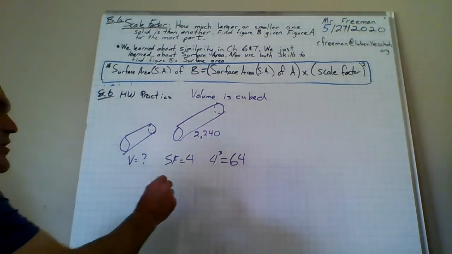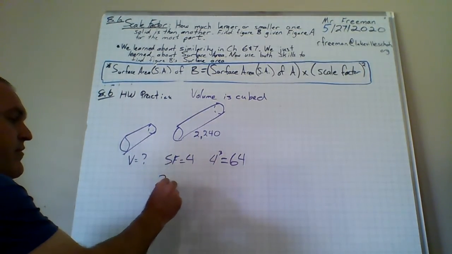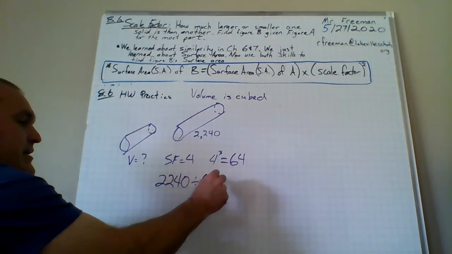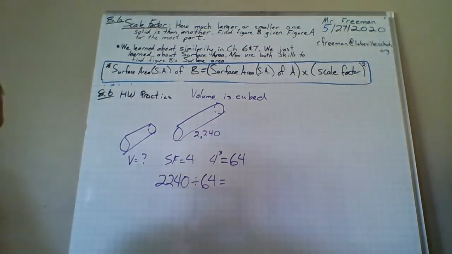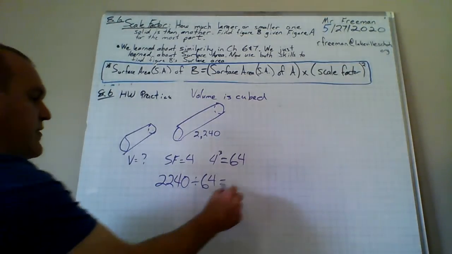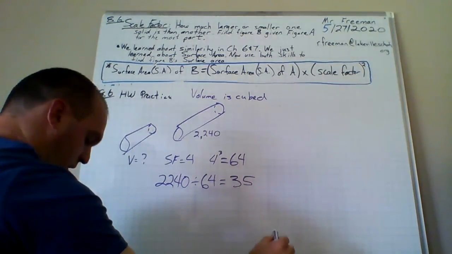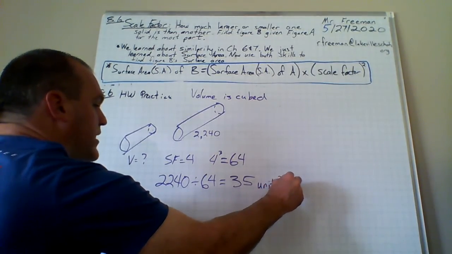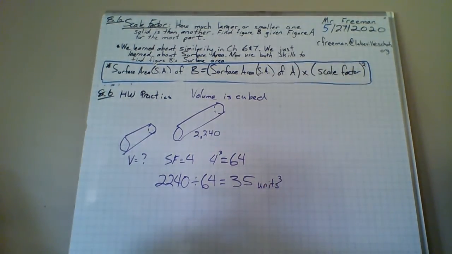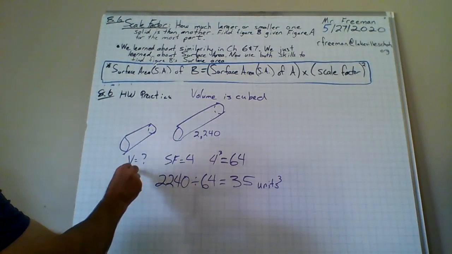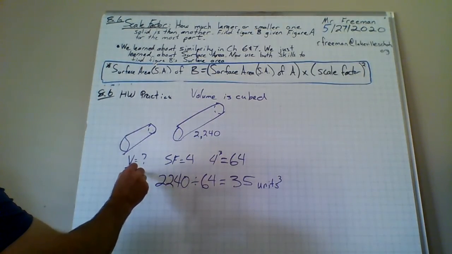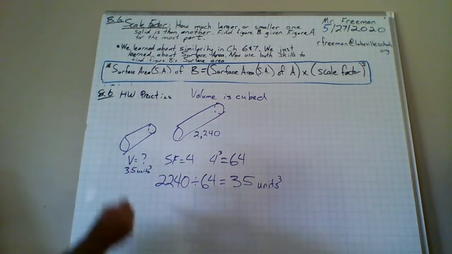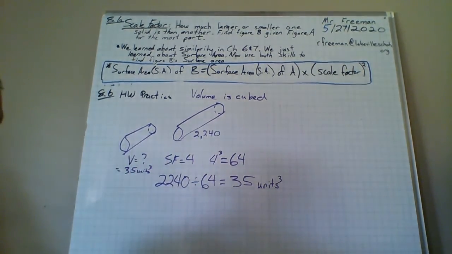So with this first shape, we would have 2,240, and we'd have to divide by 64 to find that. And this volume here must have been 35, and we don't get a specific unit, so we just say units cubed. Okay, this volume here would be 35 units cubed.